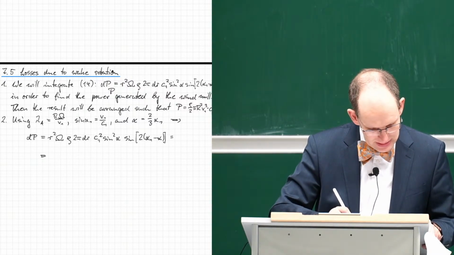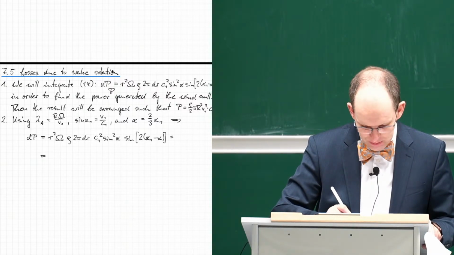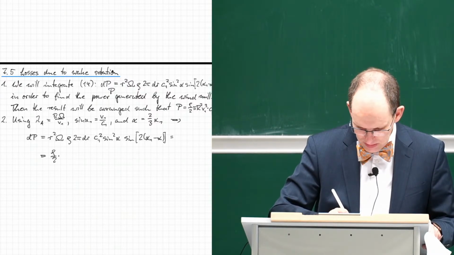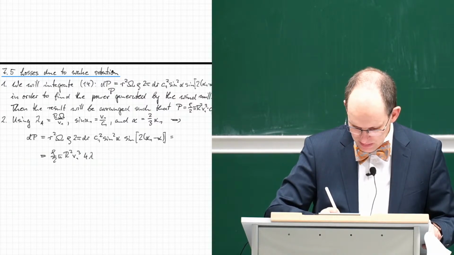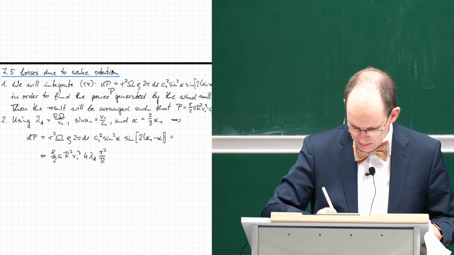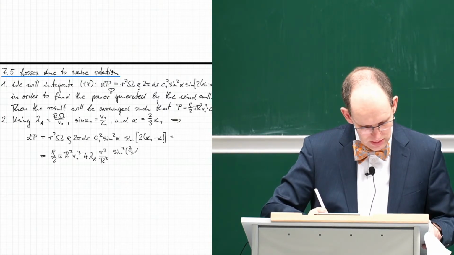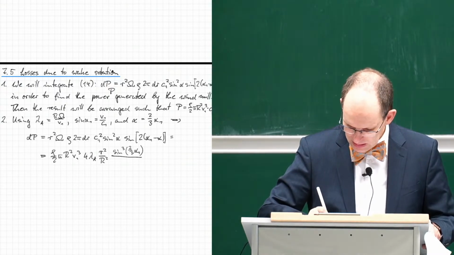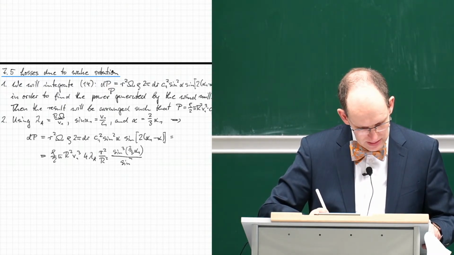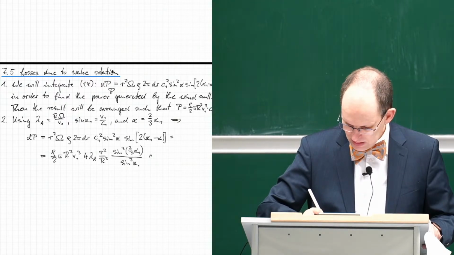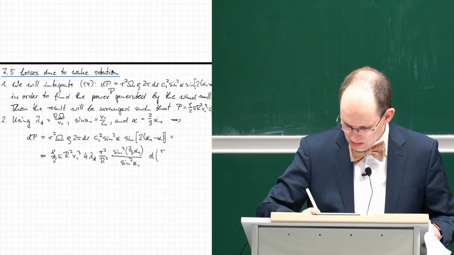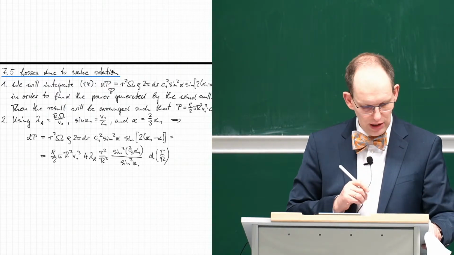And then we get rho over 2 pi r squared v1 cubed times 4 lambda a, and then r squared divided by capital R squared, sine cubed of 2/3 of alpha 1 divided by sine squared of alpha 1, times the normalized radius.